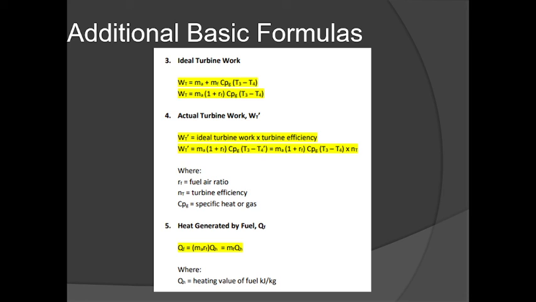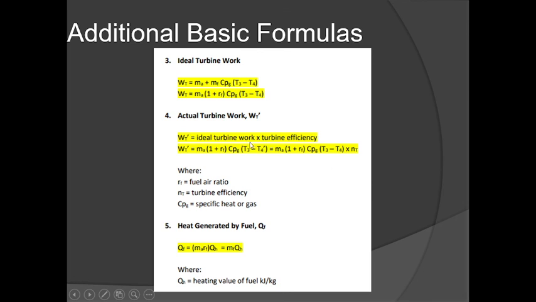And then there are other additional formulas for the ideal turbine work. So for the ideal turbine work, we have mass of the actual plus the mass, then the Cpg, then delta T. So it's just the other formulas. So the actual turbine work is the ideal turbine work times the turbine efficiency.